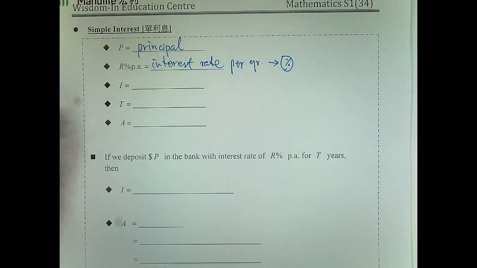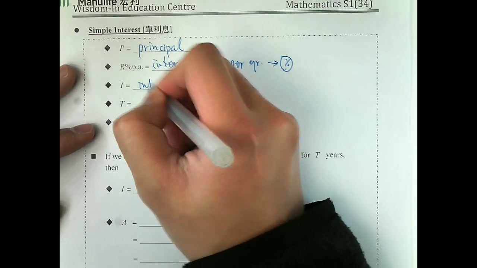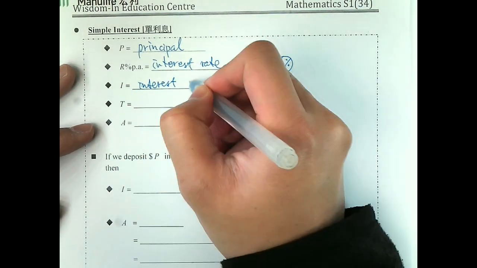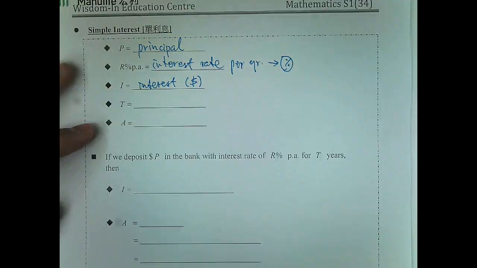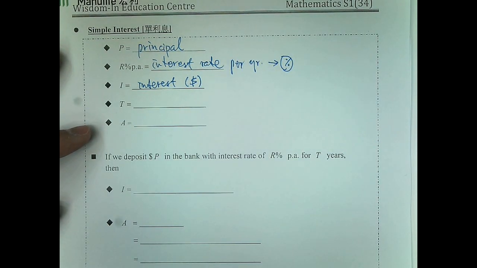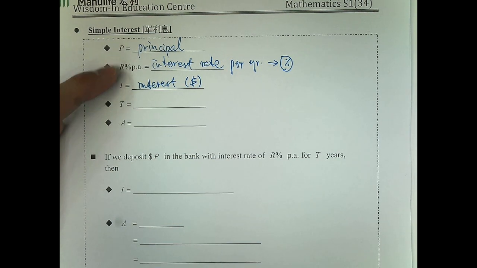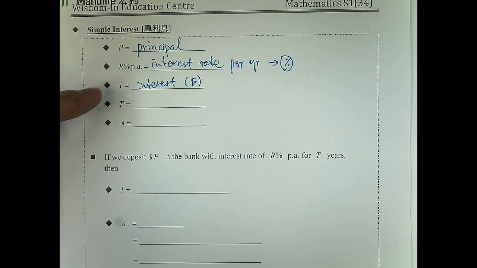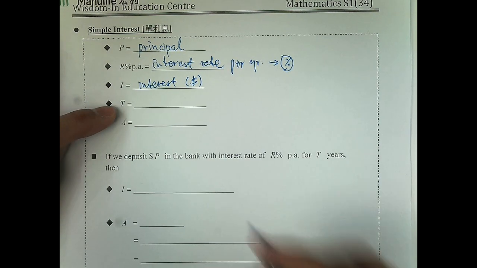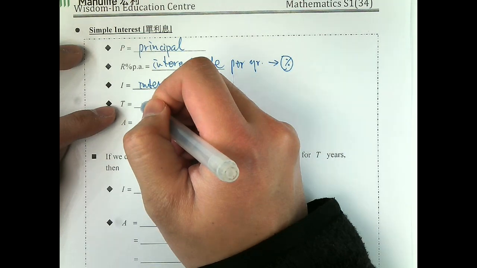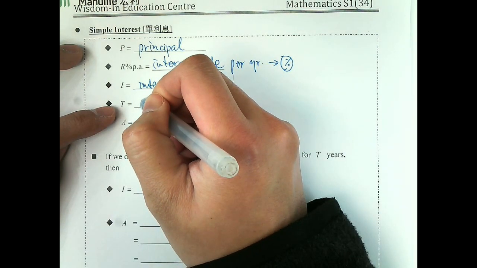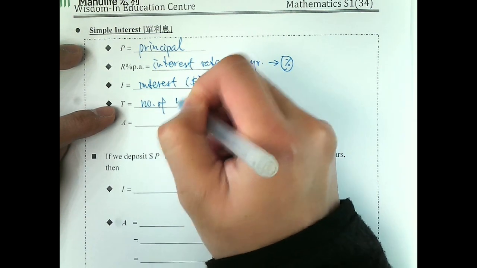So remember that it is a percentage thing, not the dollar. Okay, but the I is the interest. Interest, the unit is dollar. Okay, not percentage. Some people confuse these two things. Okay, confuse this I, the interest, with the interest rate. No, they're actually not the same. Understand? And then T is the time, meaning that we usually use number of years.